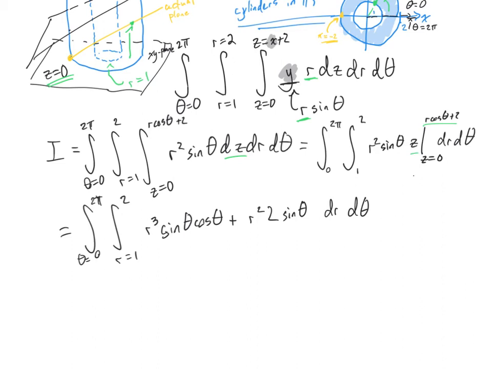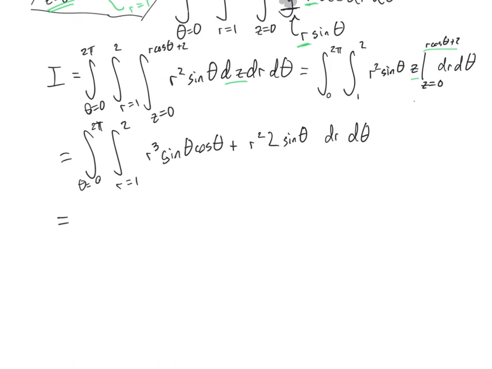So, because we're now in polar, let's move up, and I'll give myself a little bit more room. When I integrate the r's first, everything else is now a constant, so I can do these in whichever order I want. The r's first, I get r to the 4th over 4 from this first one, r being evaluated from 1 to 2, and then I've got the sine theta cosine theta.